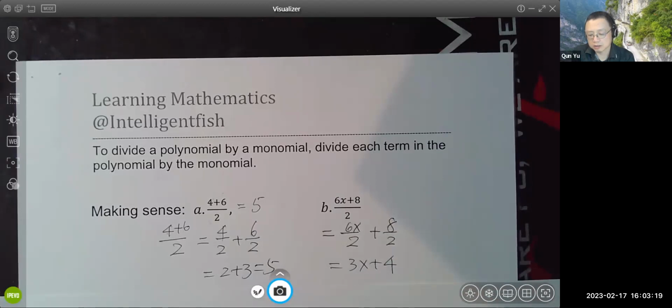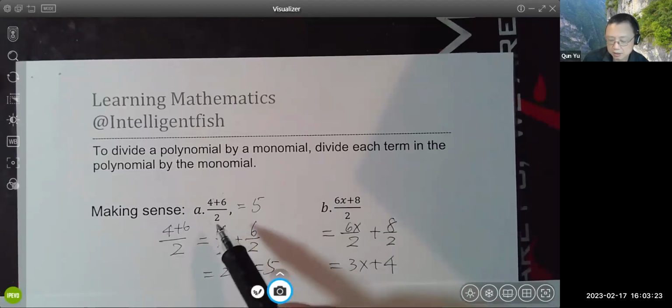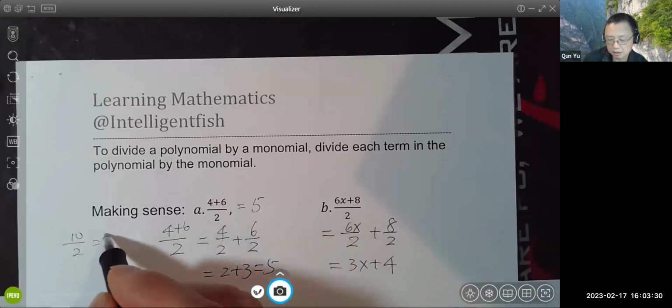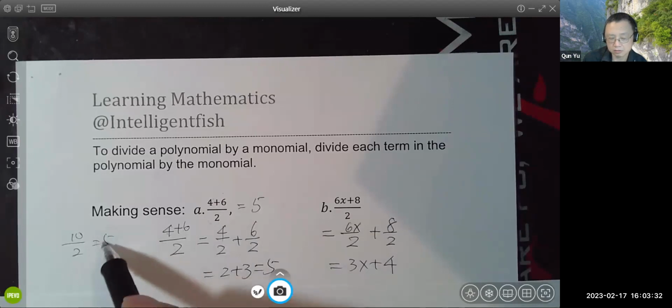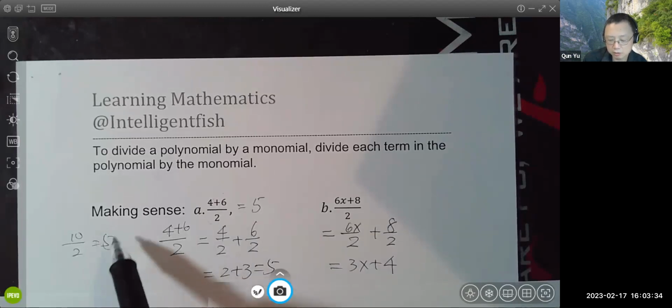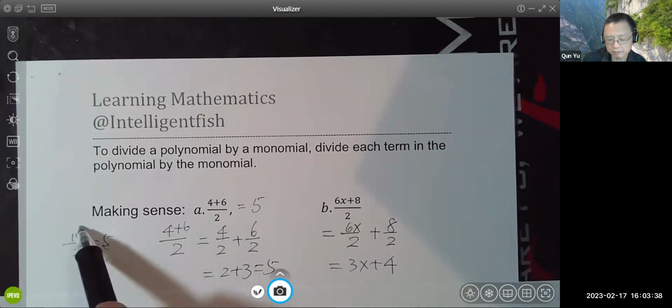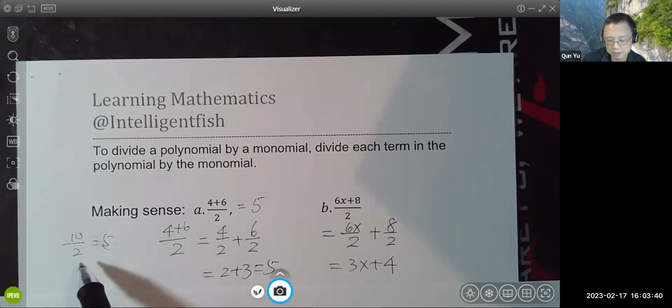And how do we know this answer is correct? So it goes like this. Say this one basically is 10 divided by 2 equal to 5, right? And how do you know your answer is right? If you multiply your quotient by the divisor, it should give you the dividend, the first number in division. So 10 equals 5 times 2, right?